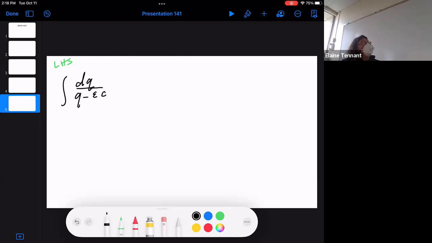And I hope that you guys are seeing like the dq over q thing that's going on. But we definitely have these constants running around, and I always have to do the steps. So we'll do a u substitution, where u equals q minus battery times capacitance, which means du will equal dq.